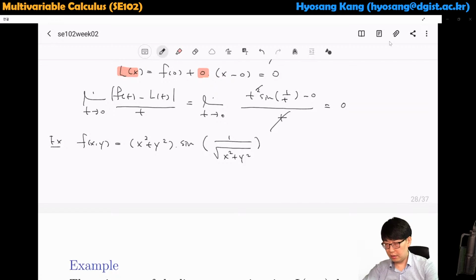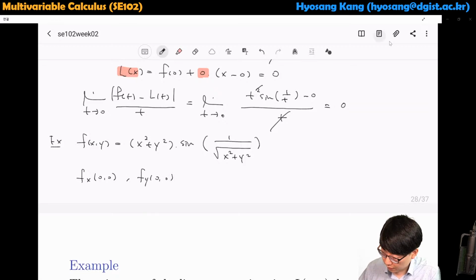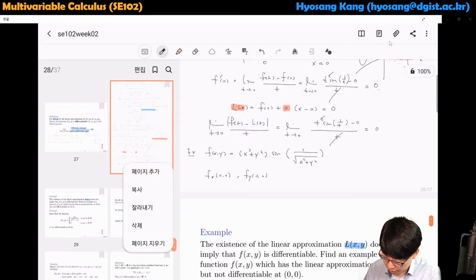So first of all, I want to find a linear approximation. So let's try to get f_x of 0, 0 and f_y of 0, 0. And a separate page here.